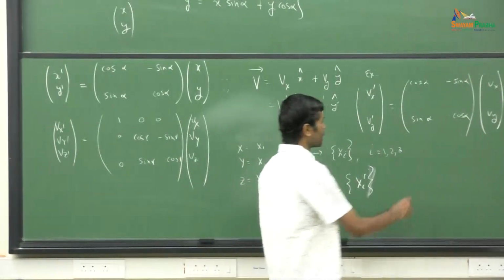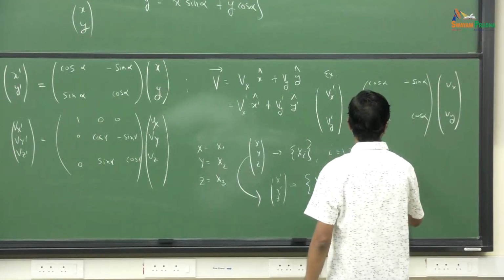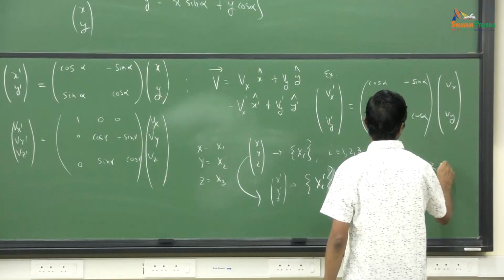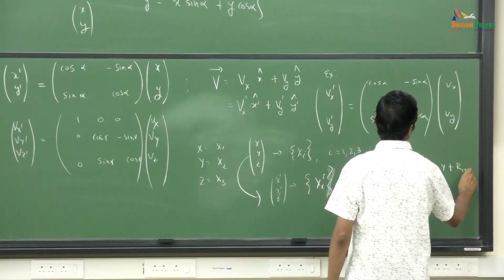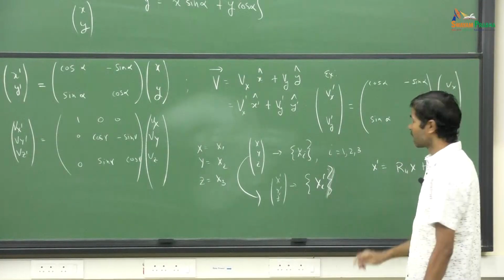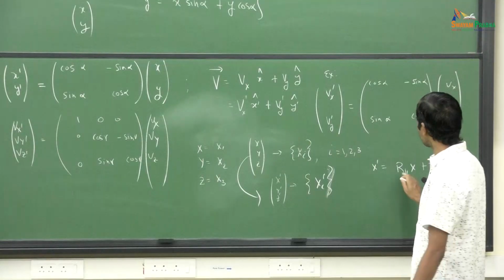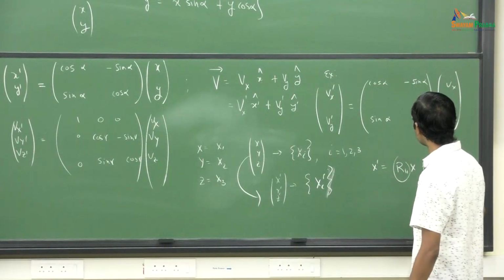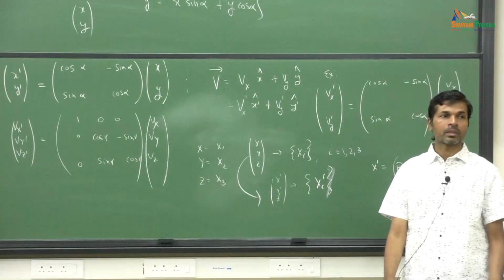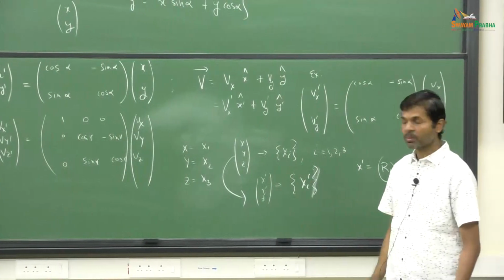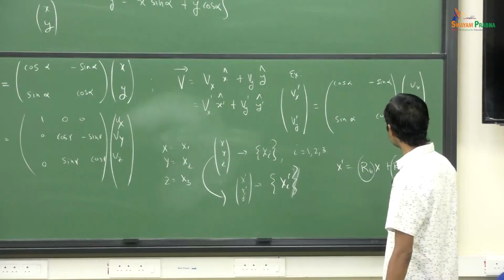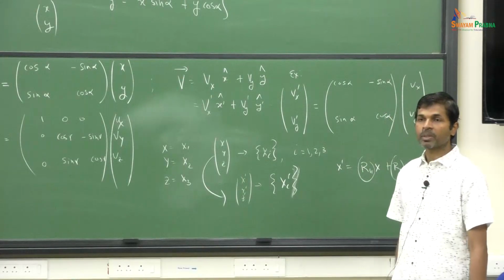So I will say x prime is some r11 x plus r12 y plus r13 z. I don't know what these r11, r12, r13 are, but there will be some constant coefficients that depend on the orientation of this direction with respect to x, y, z. They are independent of x, y, z. So this is how it will be related.